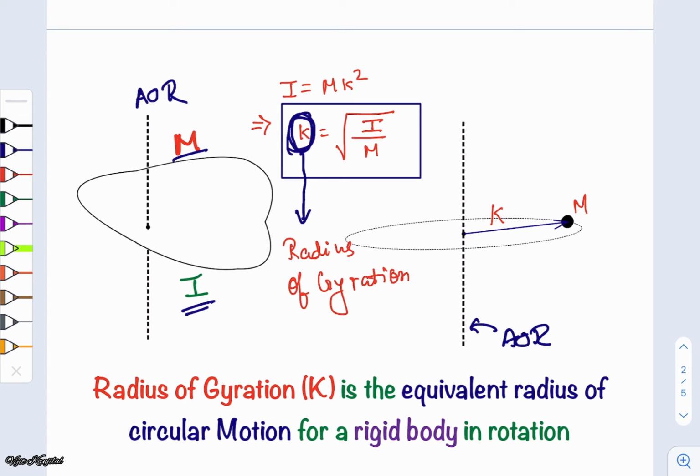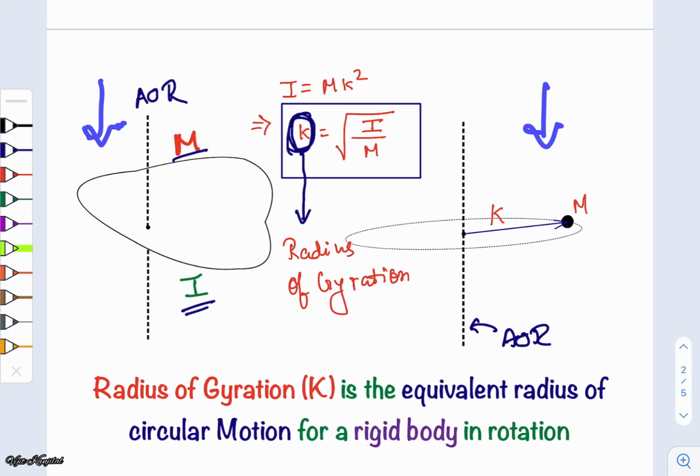This distance that we obtain for the point mass system is an equivalent radius of circular motion. It is the equivalent distance from the axis of rotation at which this point mass should be placed such that the moment of inertia of this system is the same as the moment of inertia of this system.